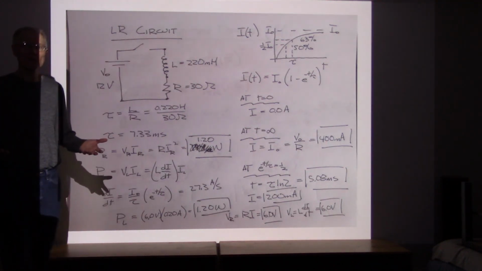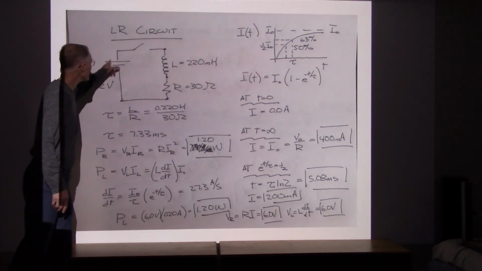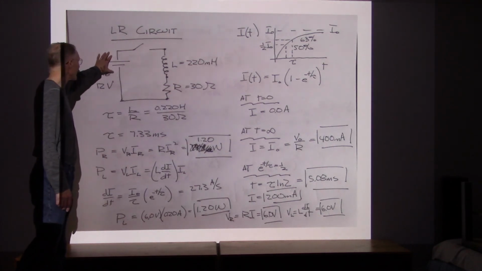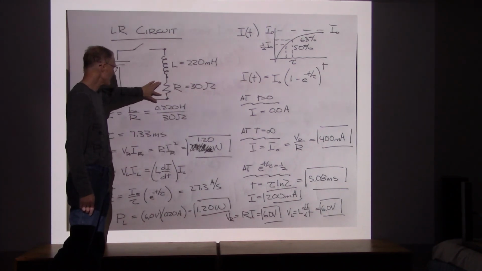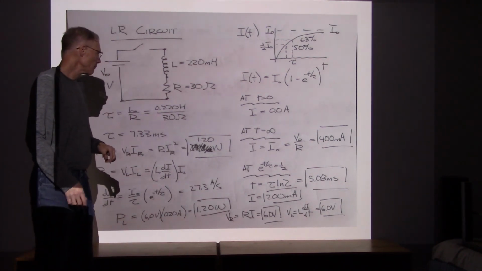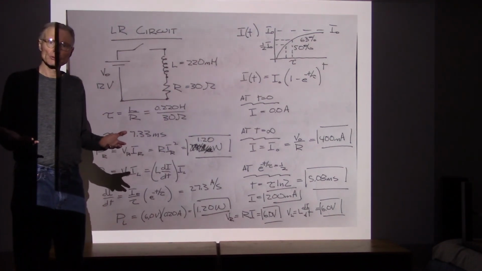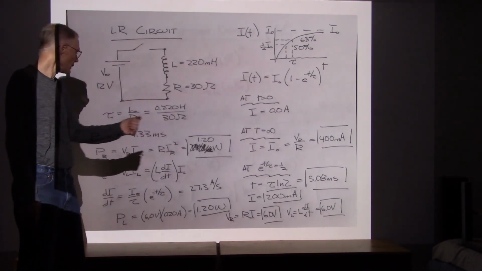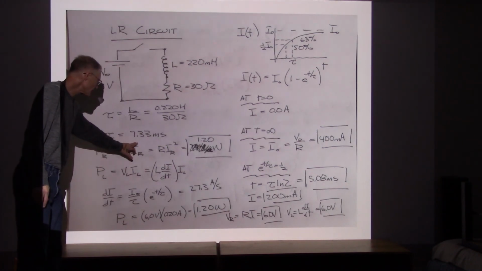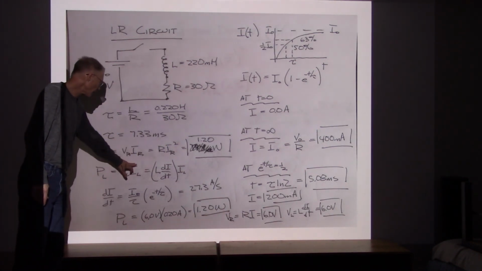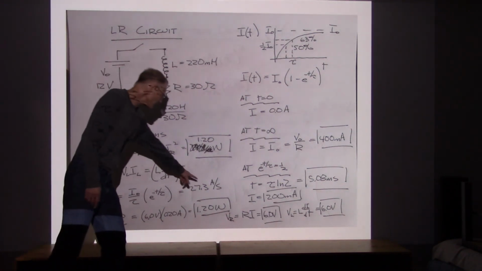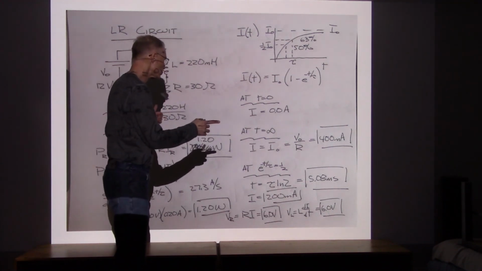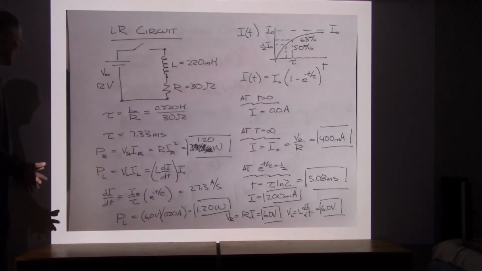It's only a one-loop circuit. And so everybody has, the battery has 200 milliamps of current passing through it, the inductor has 200 milliamps, the resistor has 200 milliamps. And then the voltages are also 6 volts each. So if I do V times I for the resistor, or V times I for the power, for the inductor, that gives me 1.2 watts for each one of those. So the two powers work out to be the same value.